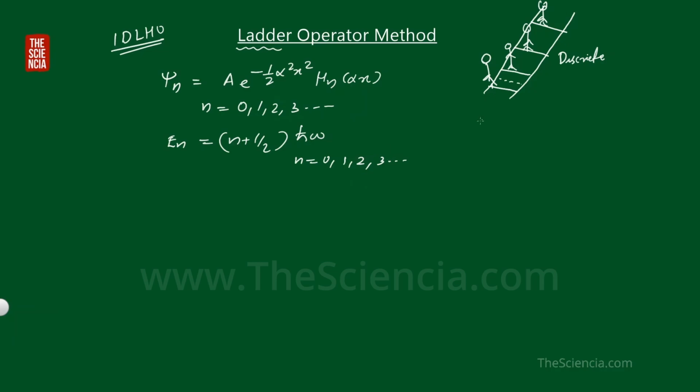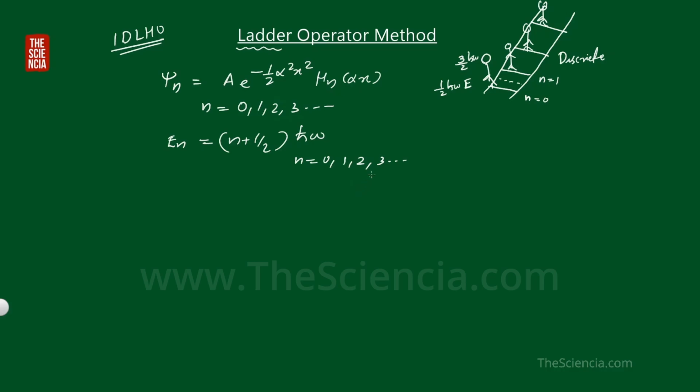That means it is like climbing a ladder. If you are in the ground state, then your n value will be equal to 0 and you will have an energy of half h cross omega. Then you can jump to another state, n equal to 1, and in that state you have an energy of 3 by 2 h cross omega. In between 3 by 2 h cross omega and half h cross omega, no energy level is possible.